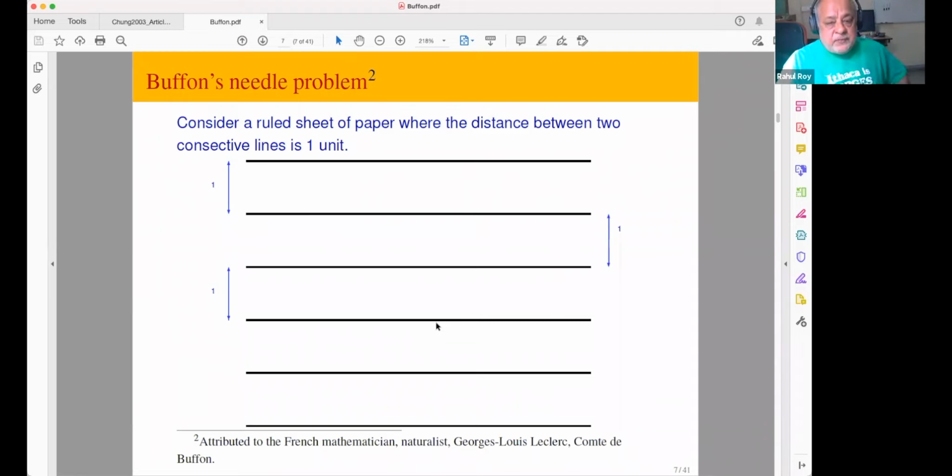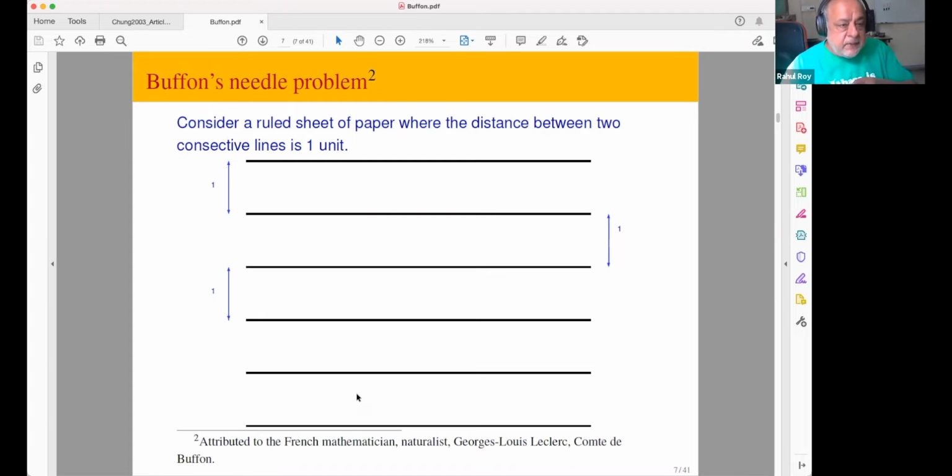Consider a ruled sheet of paper where the distance between two consecutive lines is 1 unit. So this could be 1 centimeter or 1 inch, depending on what your unit is. So the distance between any pair of these horizontal lines is exactly of unit length 1.